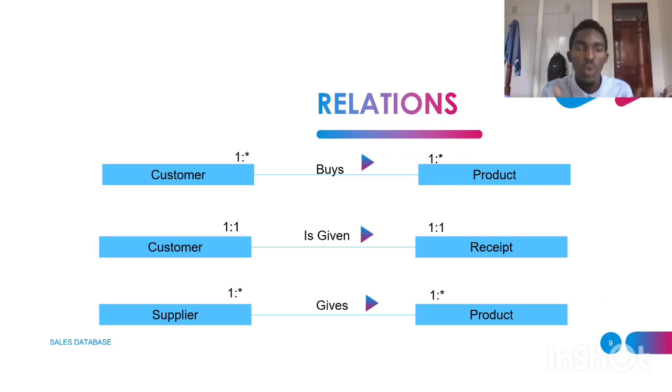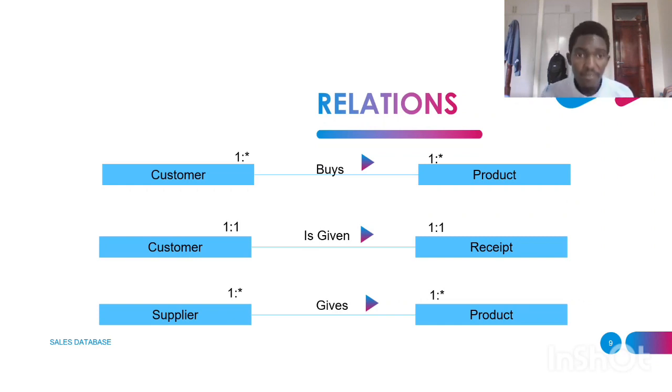Or we could have that one product could be bought by one customer, or a product could be bought by many customers. Like one person buys one bottle of soda, or one bottle of soda could be bought by different people, each buying one bottle of soda. And the reverse is also true.